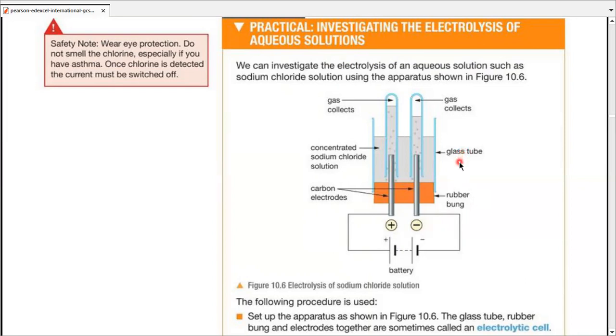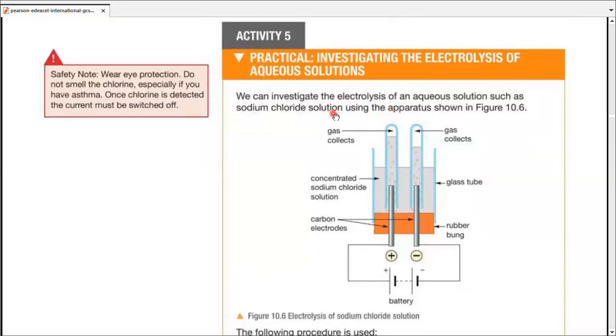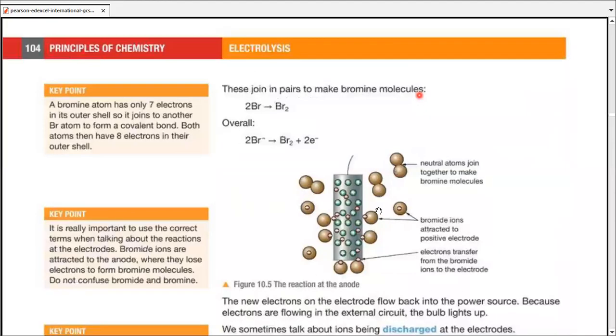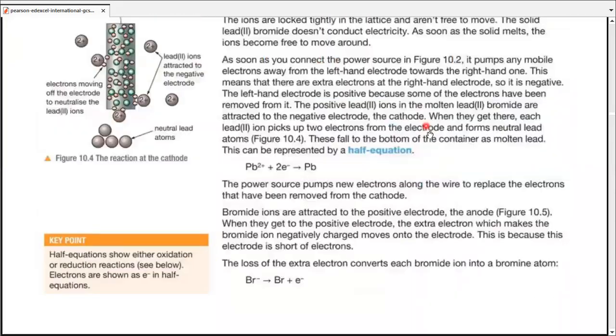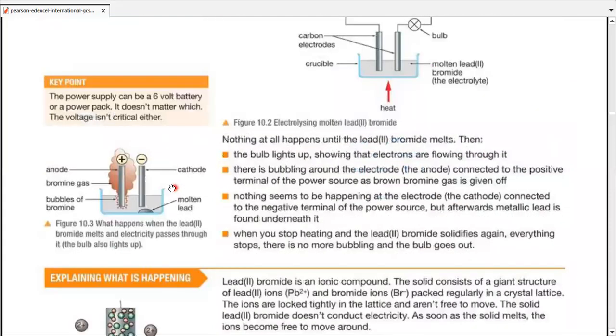So if you're supposed to draw a diagram, you must look at the substance first. If you think it's going to produce a toxic halogen, a poisonous halogen, like fluorine, chlorine, or bromine, then always draw the diagram like this. Do not draw any other diagrams that we have previously seen. For example, let me take you a little bit back to the diagram. Yeah, this one. You cannot draw an open diagram like this one if it comes as part of the exam.